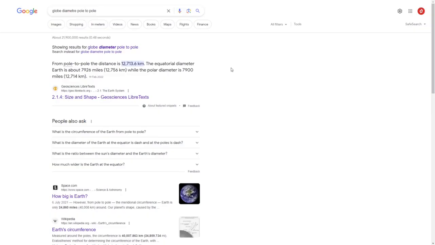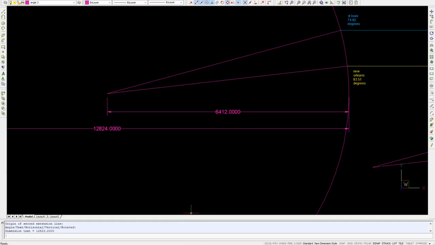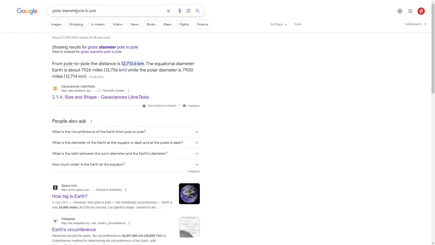Okay, so pole to pole distance, which is the direction I've been doing, going north to south, is 12,713 kilometers, and I got a result of 12,824 kilometers.